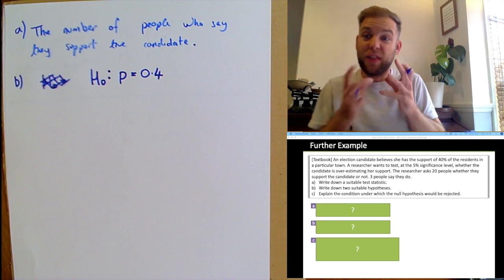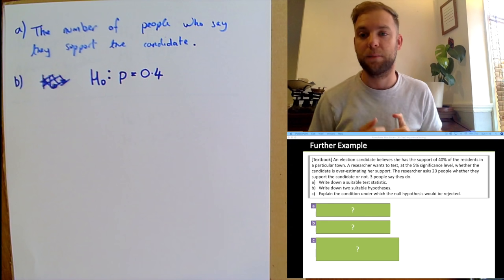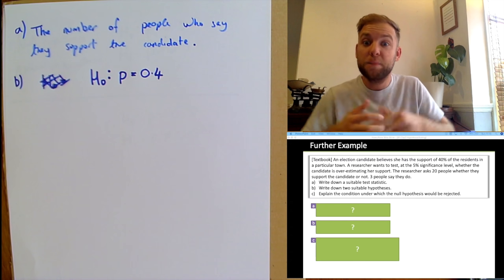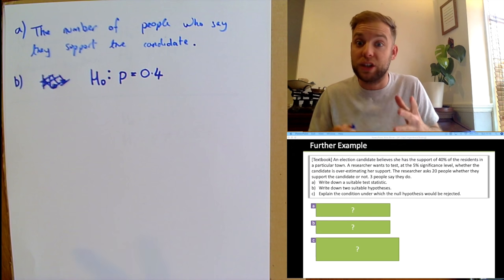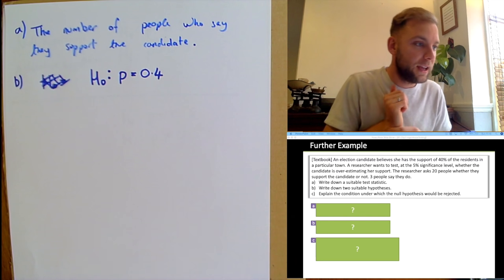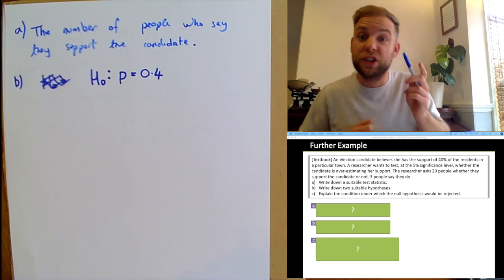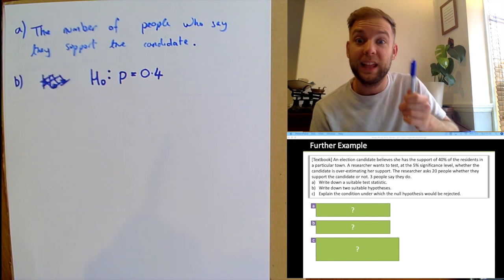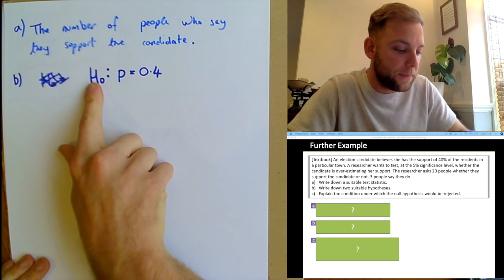So that's what I'm saying. Our candidate thinks that the probability is 40% of people want her to get the candidacy. That's what she thinks. Now, the person who is disagreeing with her thinks that she's overestimating her support. So he thinks that the probability is actually less.